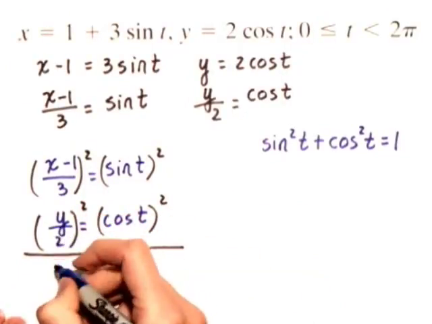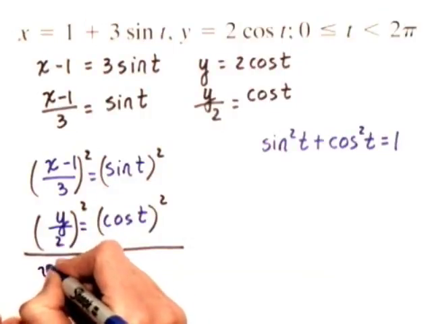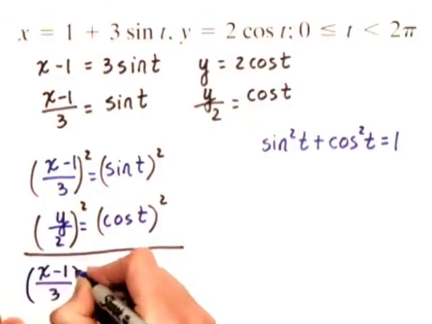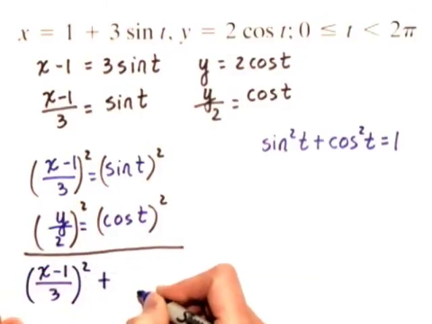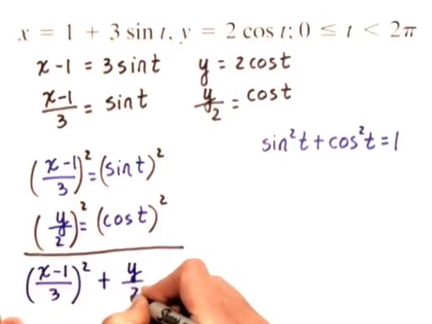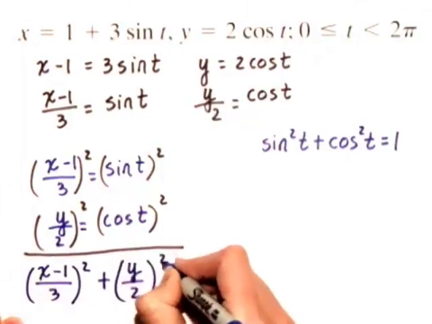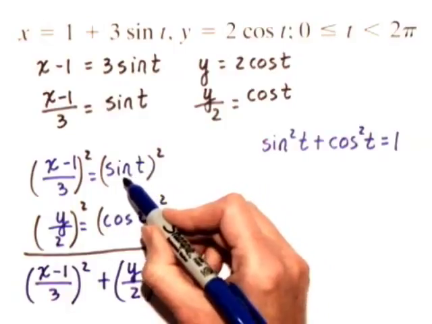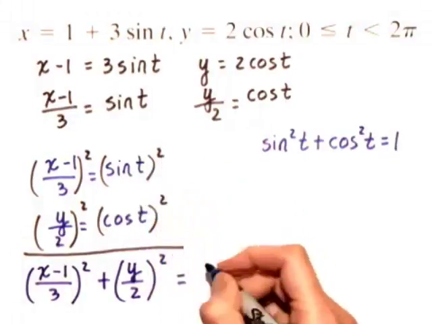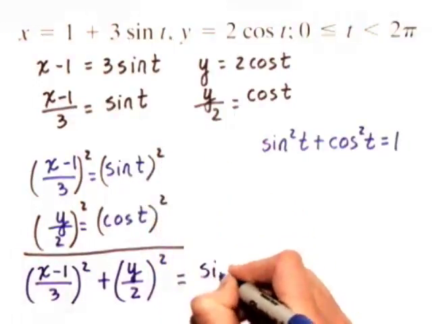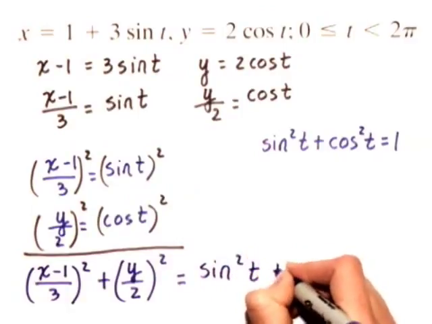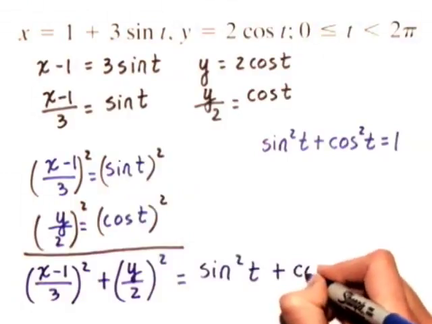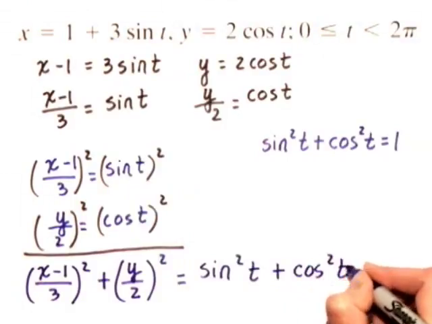When I add on the left-hand side, I'll get x minus 1 over 3 quantity squared plus y over 2 quantity squared is equal to, on the right-hand side, sine of t quantity squared is just sine squared t plus, for cosine t quantity squared, that's just cosine squared t.